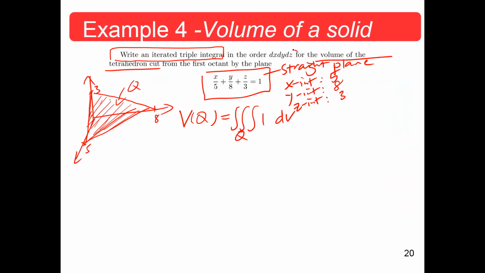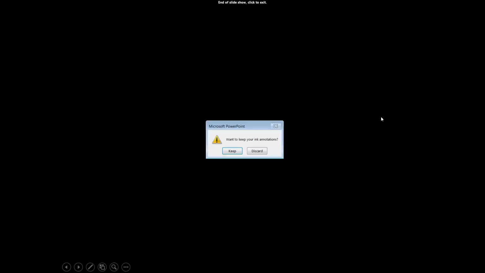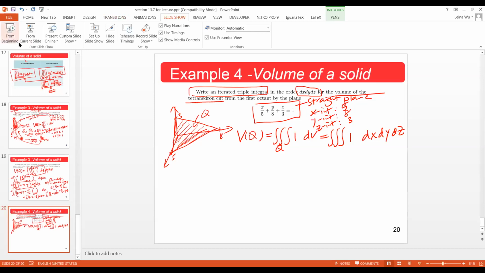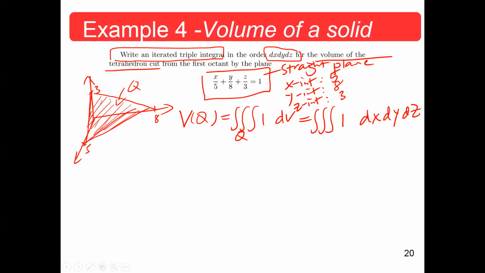Now they ask you to specifically write this dV as dx, dy, dz. So we should have 1 dx, dy, dz. Right, so it should be dx, dy, dz.